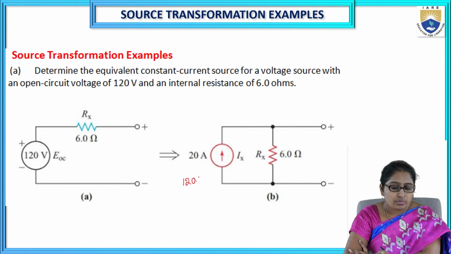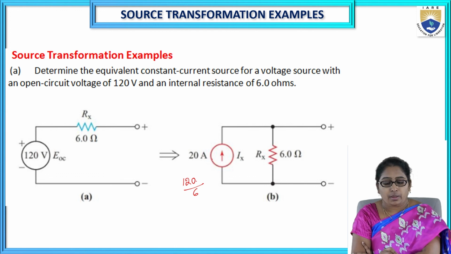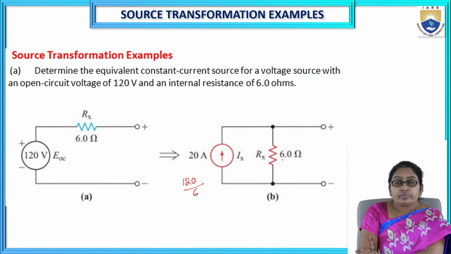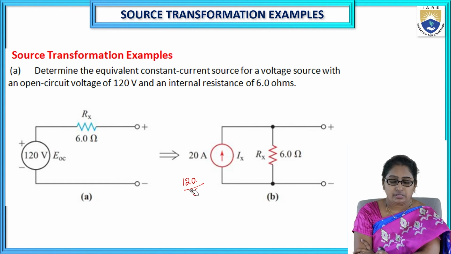From Ohm's law, the current is 120 by 6, which gives 20 amperes, and its resistance is the same as the internal resistance of the voltage source.